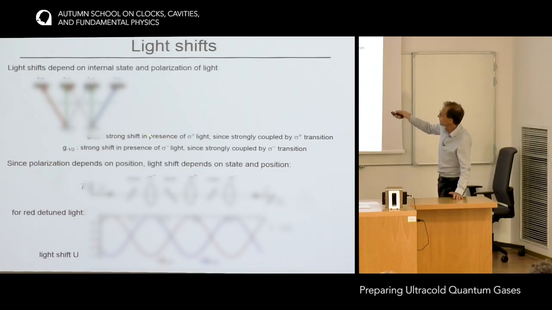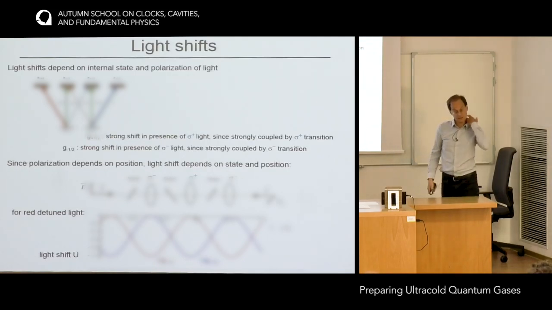Okay. Now, this does something with the lower states here. This shifts these two lower states around in energy. Where I do have a lot of sigma plus light, for example, the g plus 1/2 state is shifted downwards in energy.